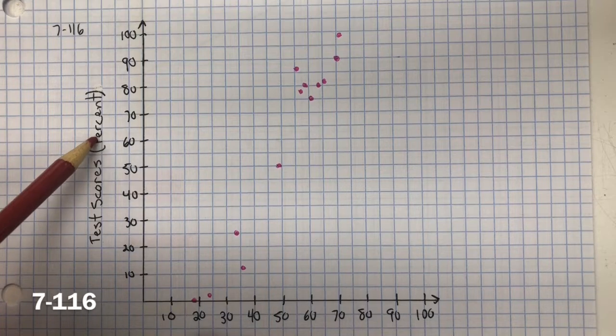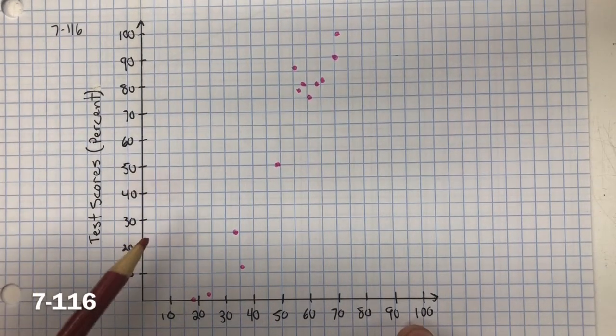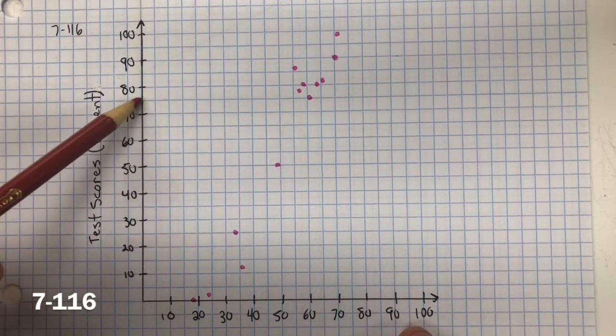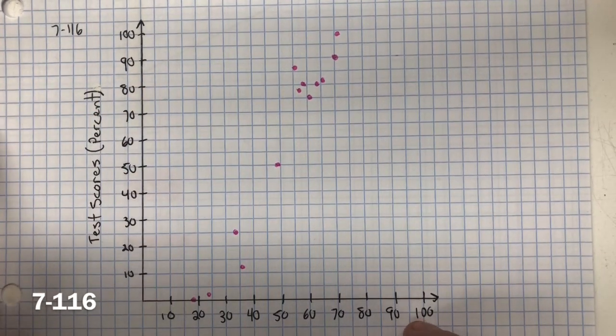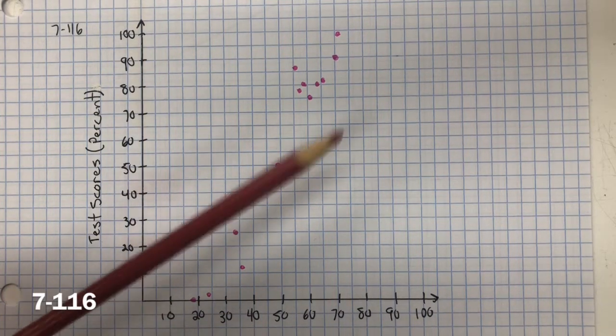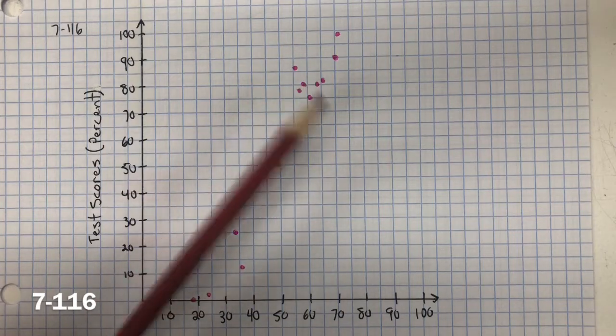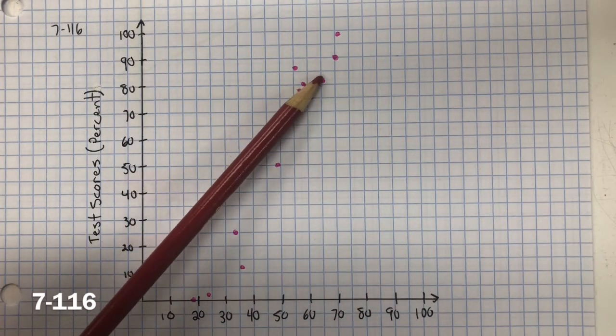So I can see that as the height of the person increases, so does the test score increase as well. Part C says, does greater height cause better spelling ability? Well, this graph definitely shows that the taller you are, the better the test score.